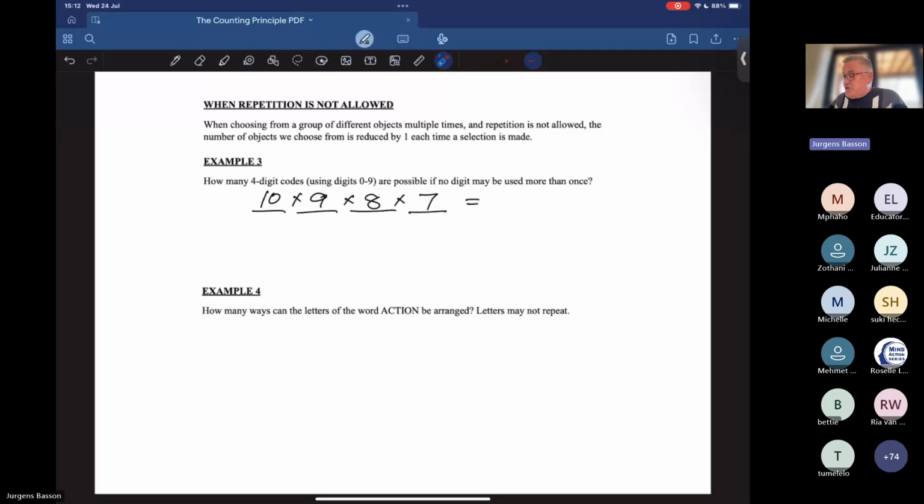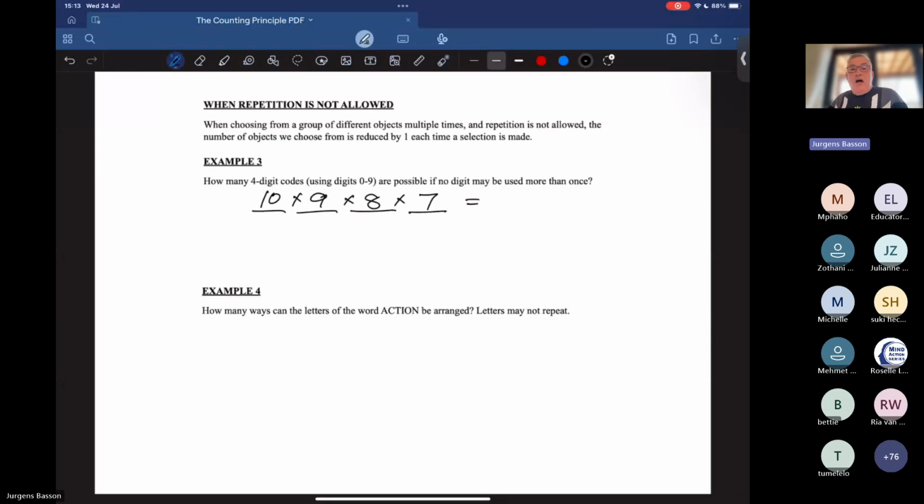Now, my word ACTION has 1, 2, 3, 4, 5, 6 letters, and these letters may not repeat. Normally, if they give a word in the exam, the examiners say you only rearrange those letters. They don't always say there is no repetition, but a word means no repetition if they didn't say repetition is allowed. Now, we're going to do ACTION.